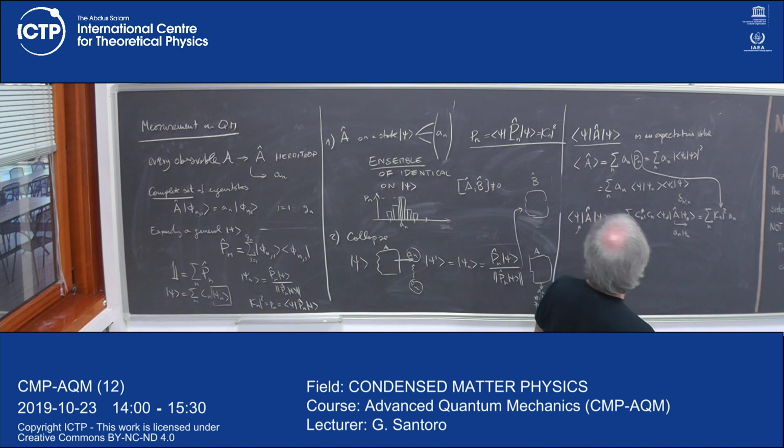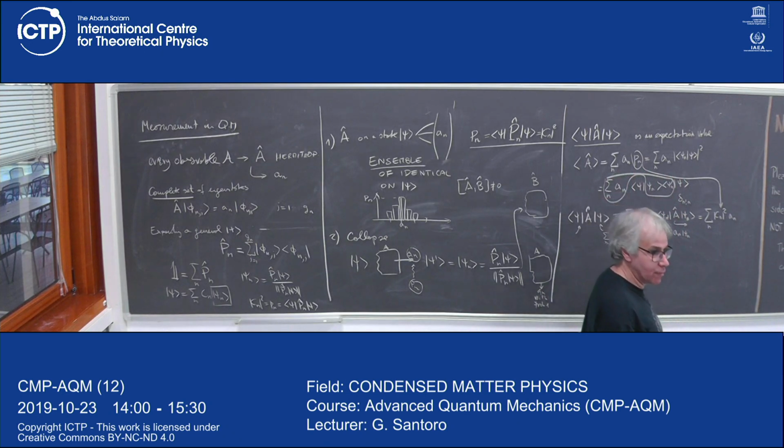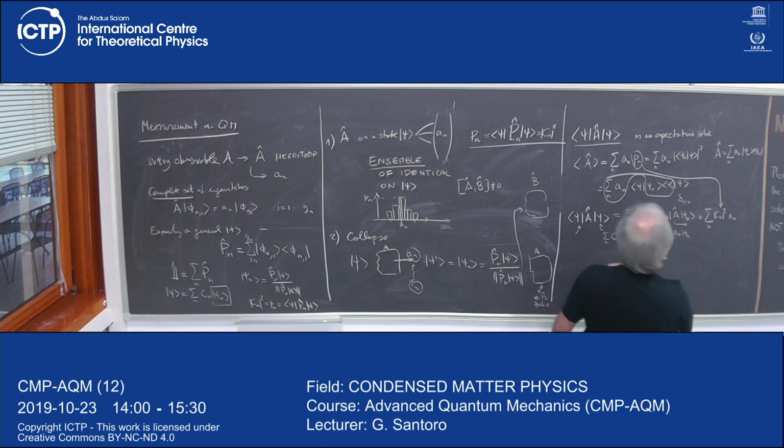If you want, you can also view this object here as being the spectral decomposition of A. As I told you, A will always be rewritten as the sum over n of an times the projection over the state Pn, okay? And this is essentially what's written there.